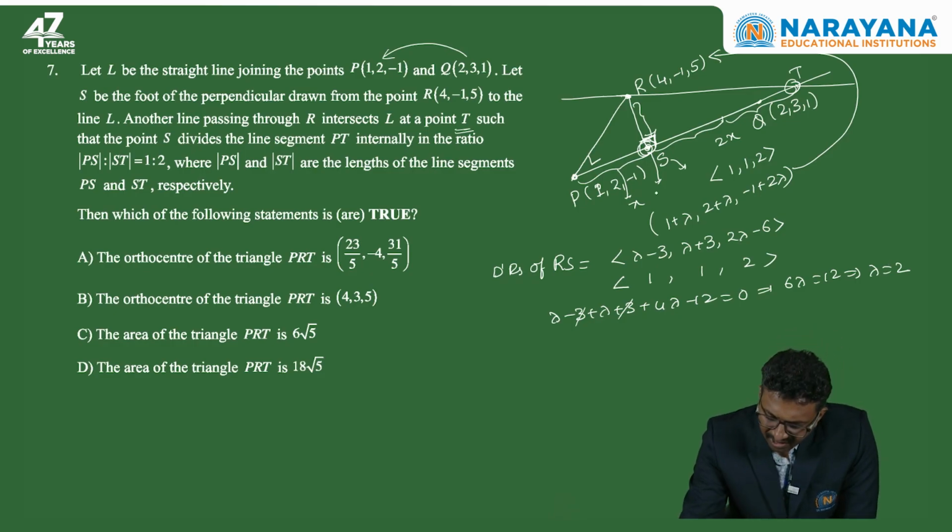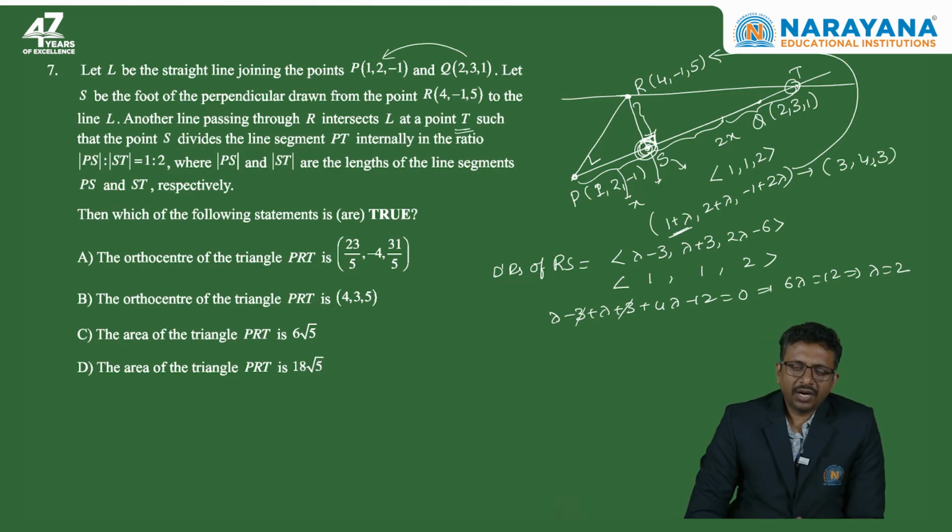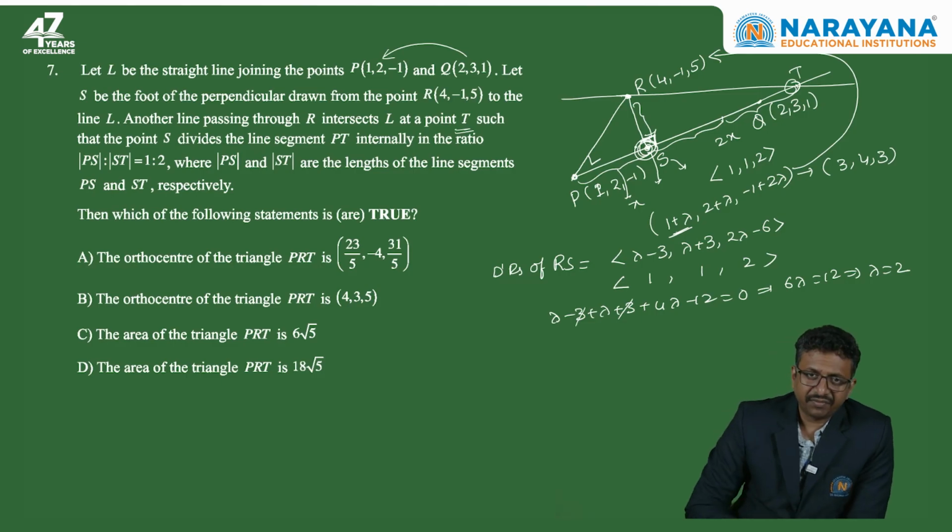Once lambda is 2, we get the coordinates of S. Putting lambda equal to 2, we get 3, 4, 3. That's the first success that we have.